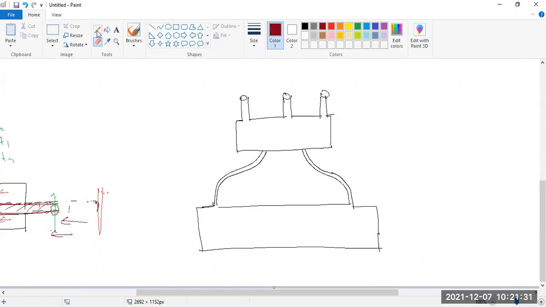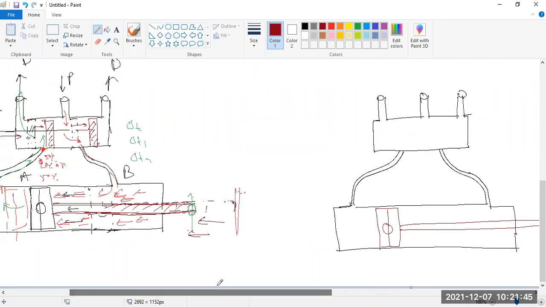Say now your piston is in this position, in an abrupt manner in this position. Your spool is just like this.